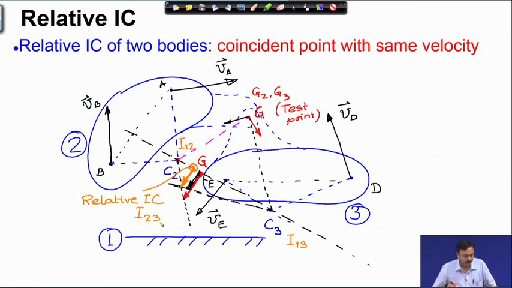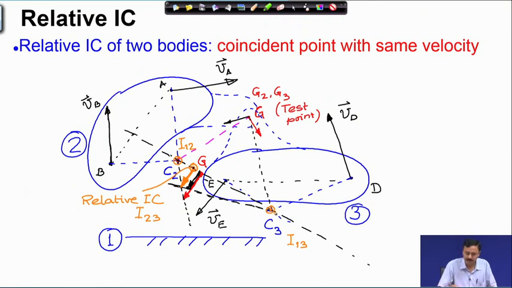So, this is the concept of relative instantaneous centers of rotation. Now, you have possibly noticed another very interesting thing: these 3 relative ICs have to lie on a line. The way we have constructed them, they have to lie on a line. This naturally appears from our construction.